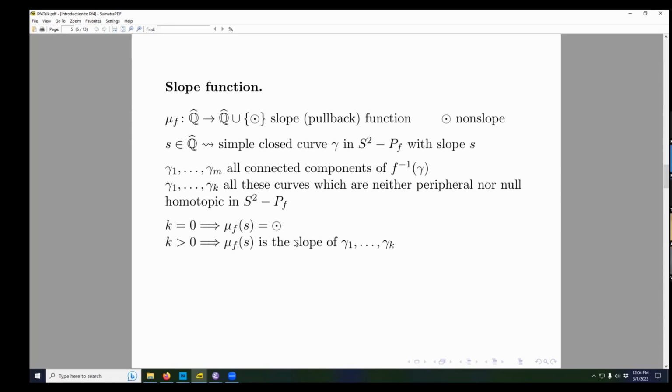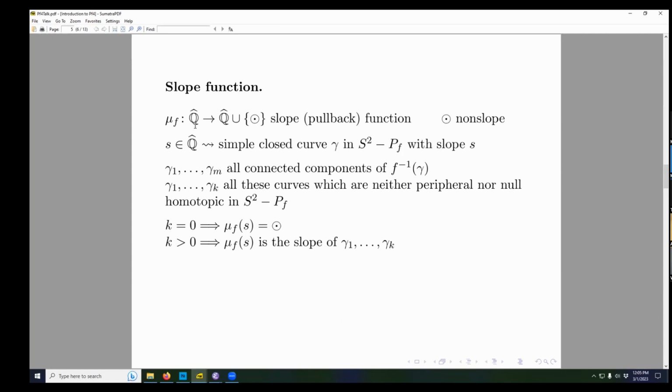Once we have slopes, for our map F we get a slope function. The slope function is denoted by mu sub F. It's a map from the extended rational numbers to the extended rational numbers together with a special element called the non-slope. Q hat is the extended rational numbers, Q union infinity.